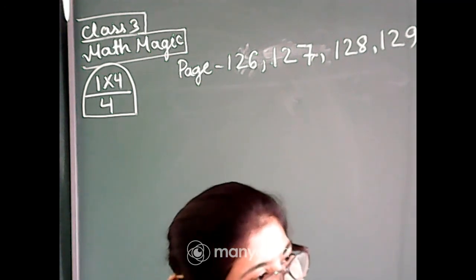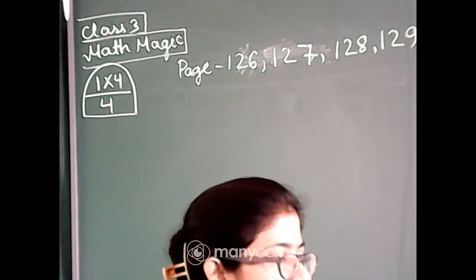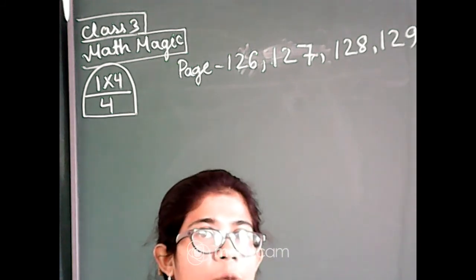Daksha H, page number 129, your 9s do not look proper. Make your 9 proper.